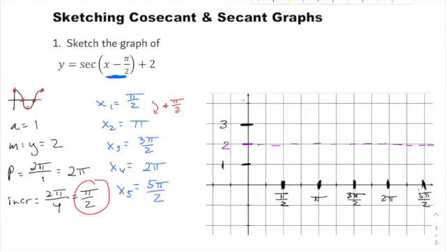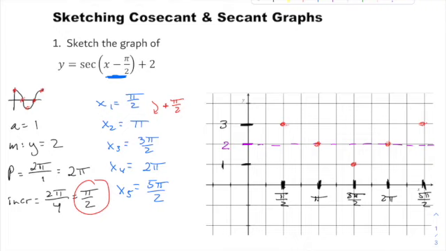The first one, at x equals pi over 2, is going to start at the crest, so that would be 1 unit above, right there. x2 would be at pi, and that will be on the midline. 3 pi over 2 is going to be 1 unit below the midline. 2 pi is going to be back on the midline, and at 5 pi over 2, we're going to be back above it.